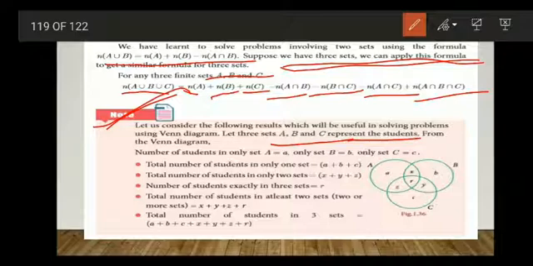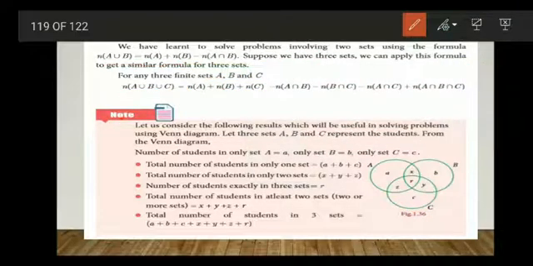From this Venn diagram, the number of students in only A is A, only set B is B, and only set C is C. Now, how many students are there in only one set? A is in only A, B is in only B and C is in only C. So the total number of students in only one set is A plus B plus C.